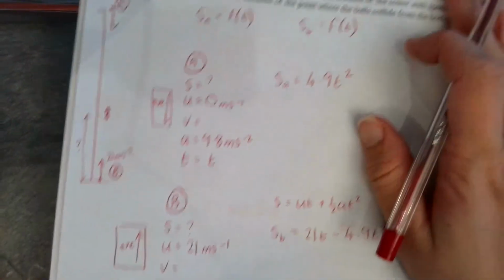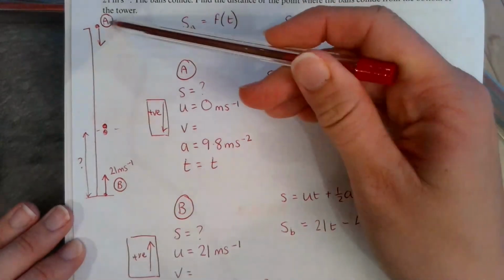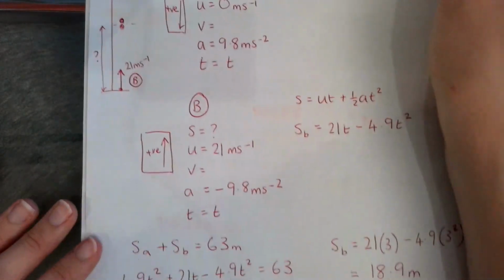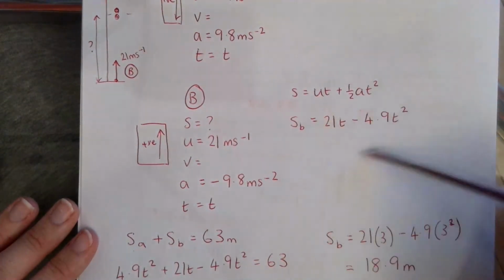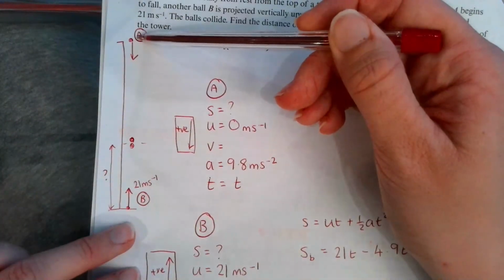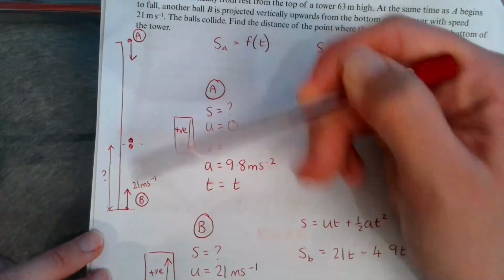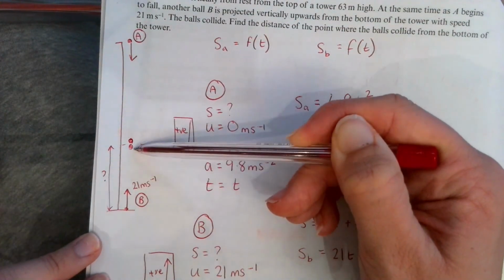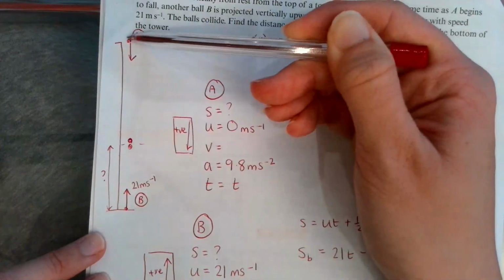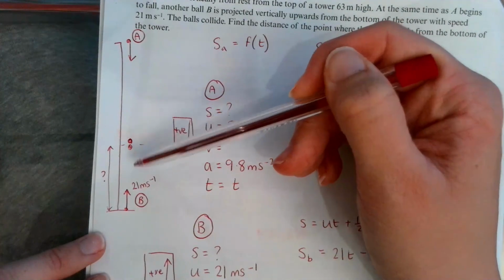So just to recap, to work out the answer to that problem, I first worked out an equation for the displacement of A. I then worked out an equation for the displacement of B. And I said, well, when the displacement of A added to the displacement of B, so the displacement of this one downwards added to the displacement of this one upwards, is equal to 63, the total height of the tower, that must be the point where the balls hit each other.